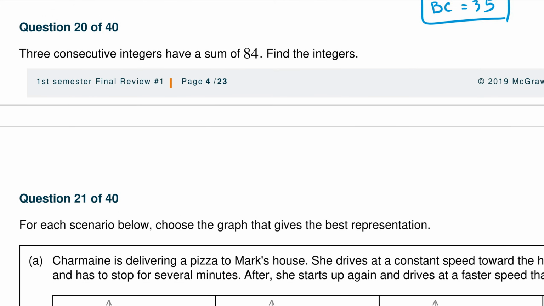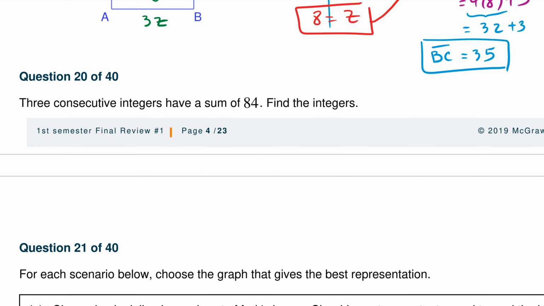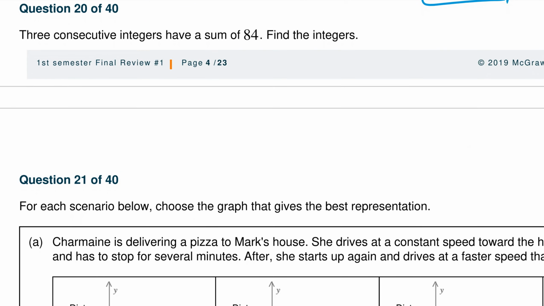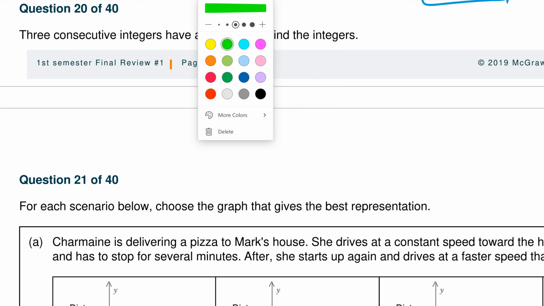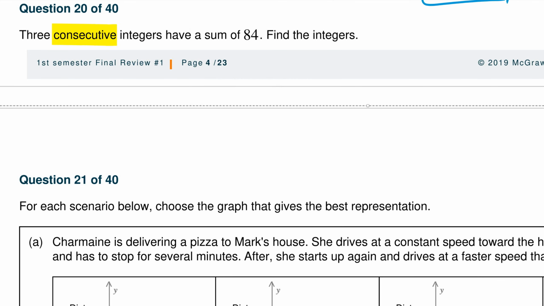Number 20, 3 consecutive integers have the sum of 84. Find the integers. First of all, we need to know what consecutive is. An integer is just like a whole number. The sum means plus.